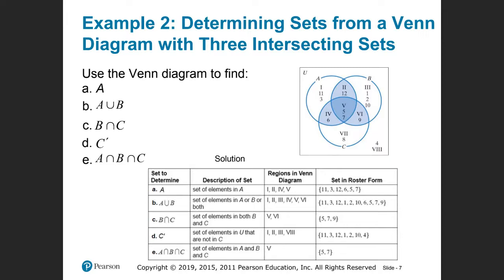You can see them listed here. And finally, the intersection of A and B, and then with C. So that would be the region 5, the darker area in the center, which are 5 and 7.